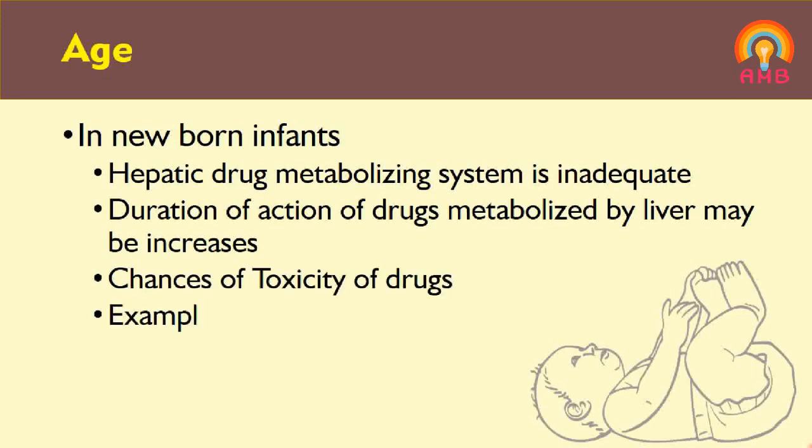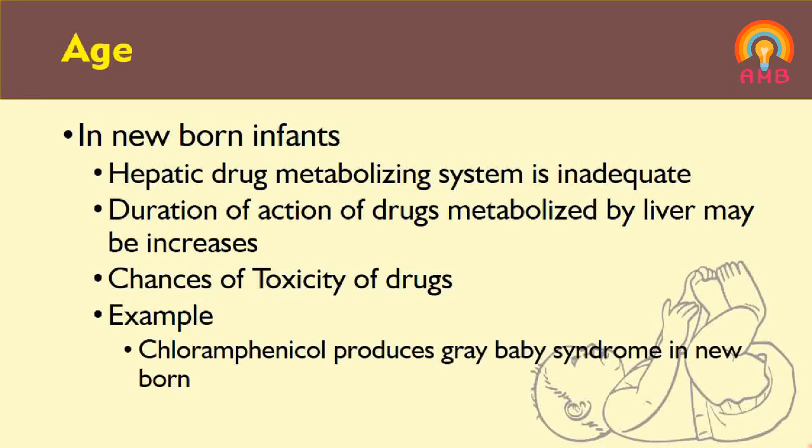For example, chloramphenicol. If chloramphenicol is given to an infant, it may accumulate in the body and produce toxicity called gray baby syndrome in newborn babies. Why is it produced? Because it is not metabolized easily and accumulates in the body.